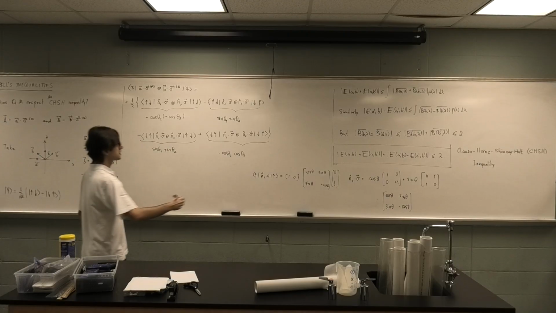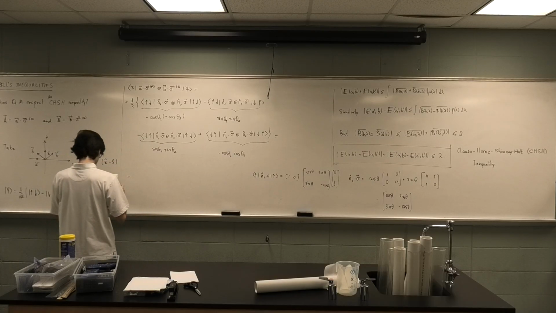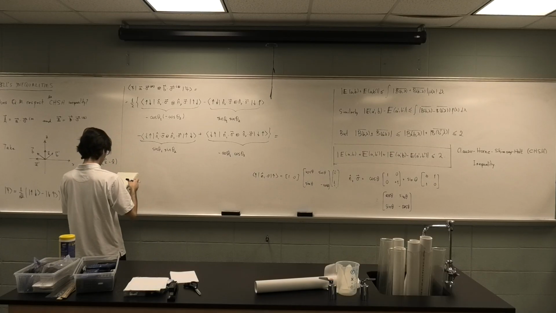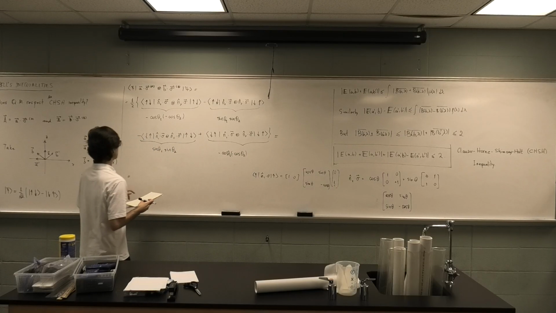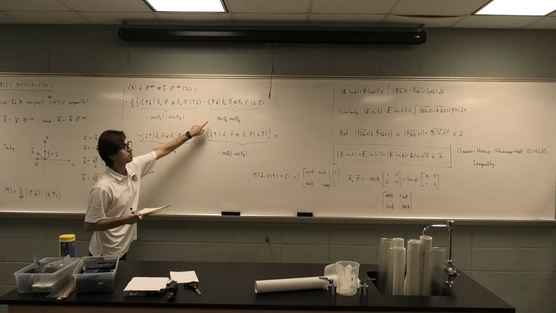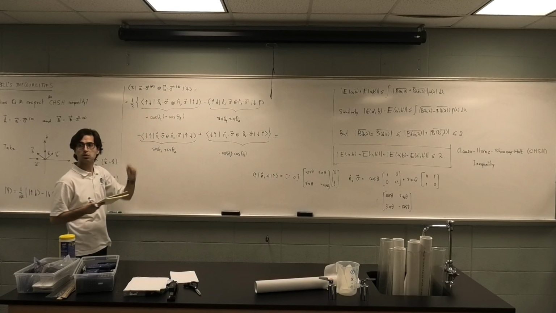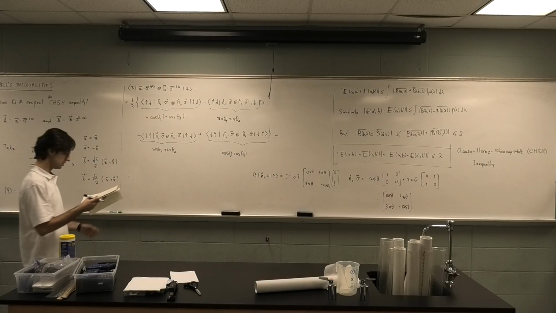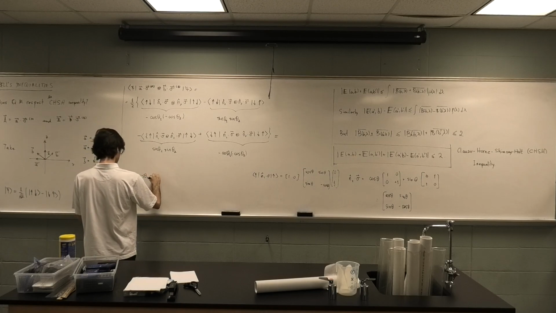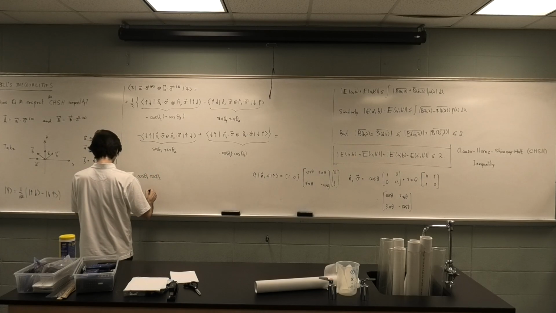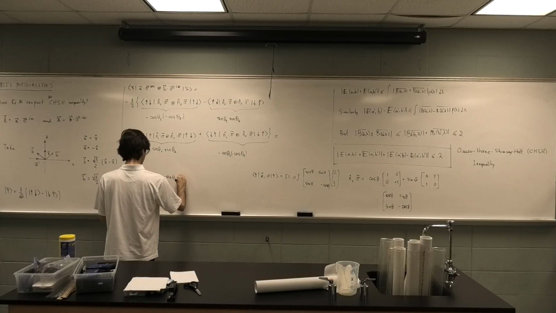Okay, so let's sum all this. Oh, there's a minus here as well. So this term is the same as this term is the same as this term, and I have 1/2, so I remove this 1/2 from the game. I get minus cosine theta 1 cosine theta 2, minus sine theta 1 sine theta 2.